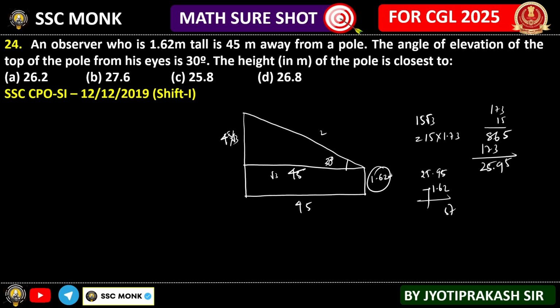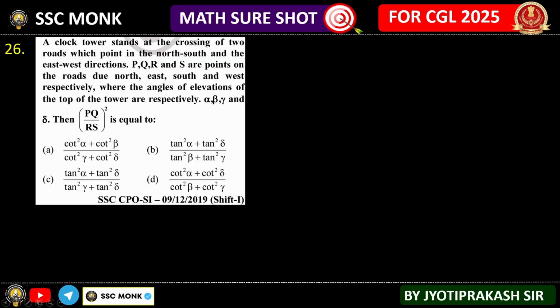That can be written as 27.57, or 27.6. Clear? Because we are considering 45 by root 3 for this distance, but we need to add this much also, right?